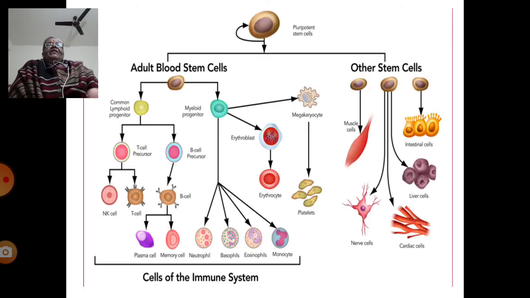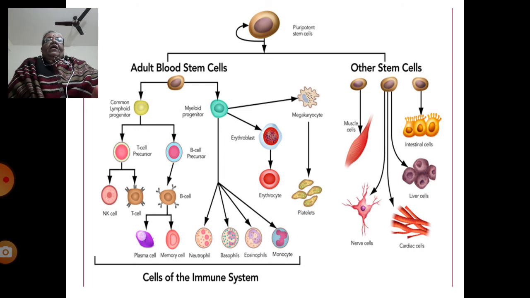Then here you can see the schematic representation. At the top, what you see is a pluripotent stem cell. They can divide to produce many cells like that only, or they may differentiate into adult blood cells or even other types of stem cells.